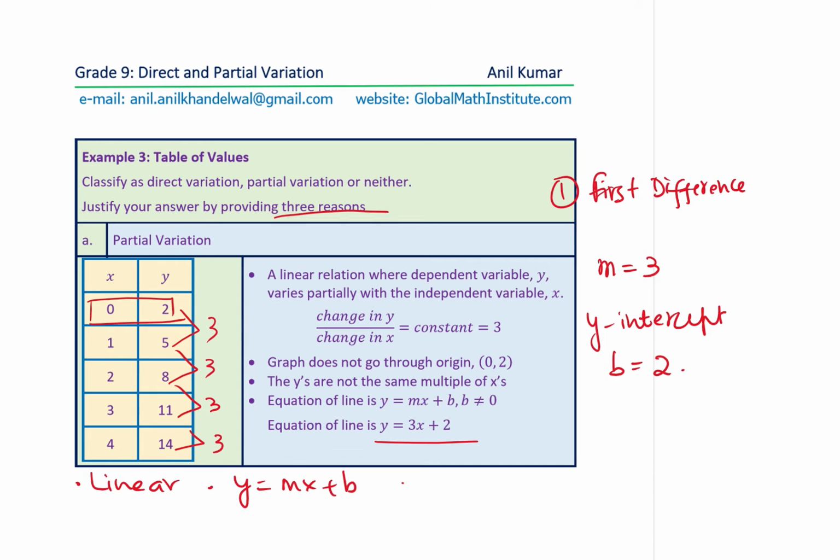And the third, when it can be written like this, you find the ratio 5 over 1 is not equal to 8 over 2. So what we see here is the ratio of y over x is not a constant. And that is the reason why it is partial variation.